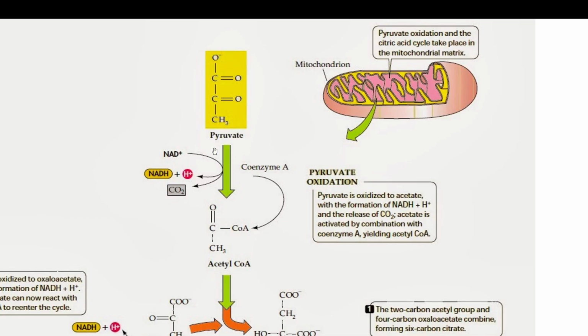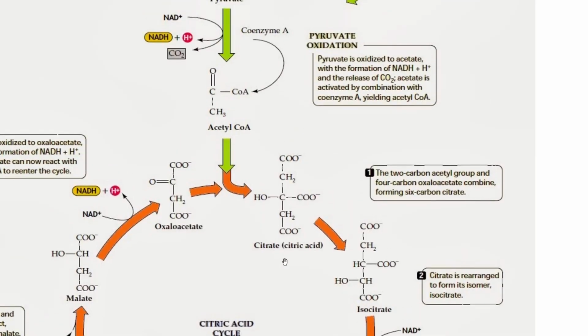This 3-carbon pyruvate molecule is oxidized to acetate, and coenzyme A is added to the acetate, forming acetyl coenzyme A. This acetyl coenzyme A then joins with oxaloacetate. So the 2-carbon acetyl group and the 4-carbon oxaloacetate combine to form a 6-carbon citric acid molecule.